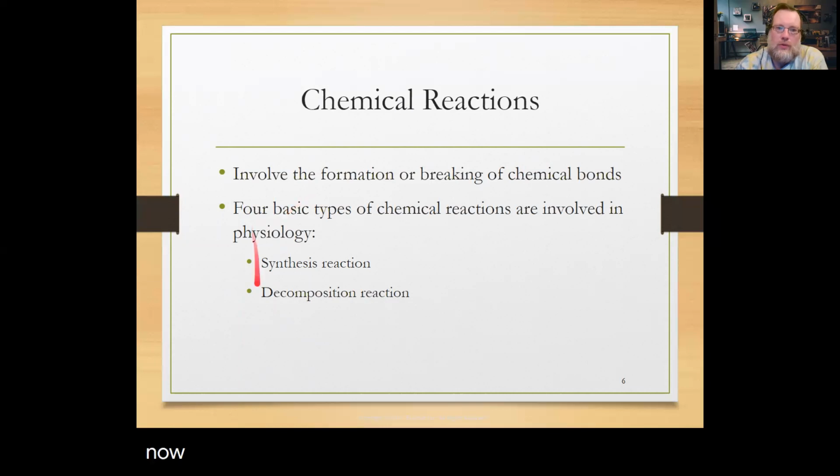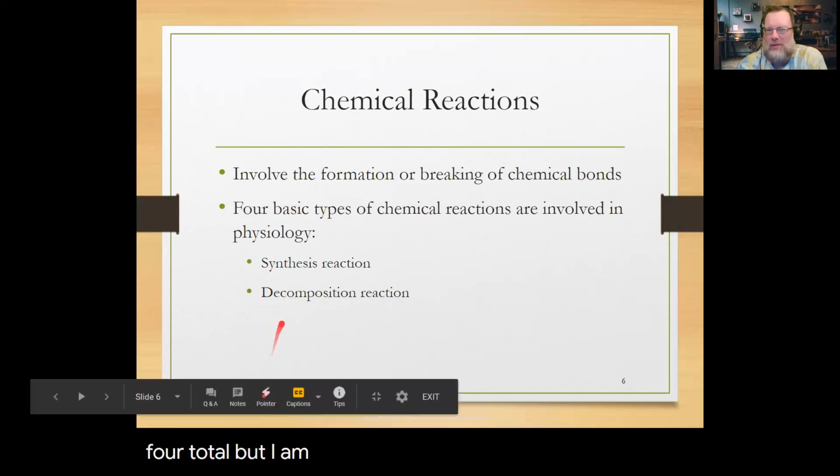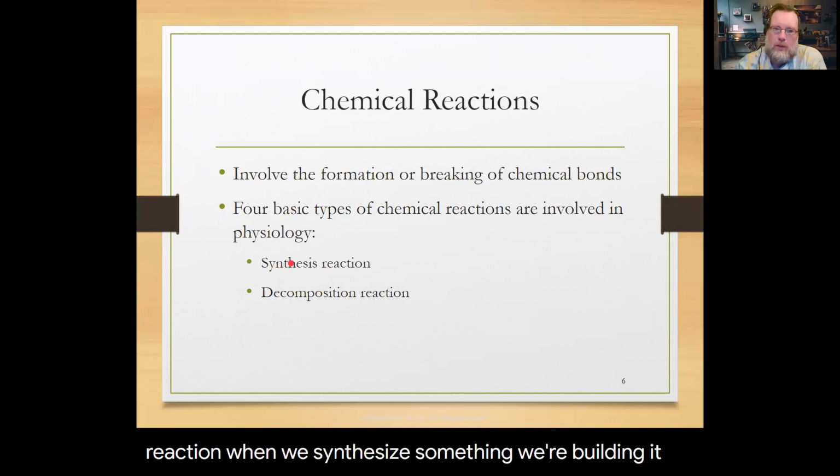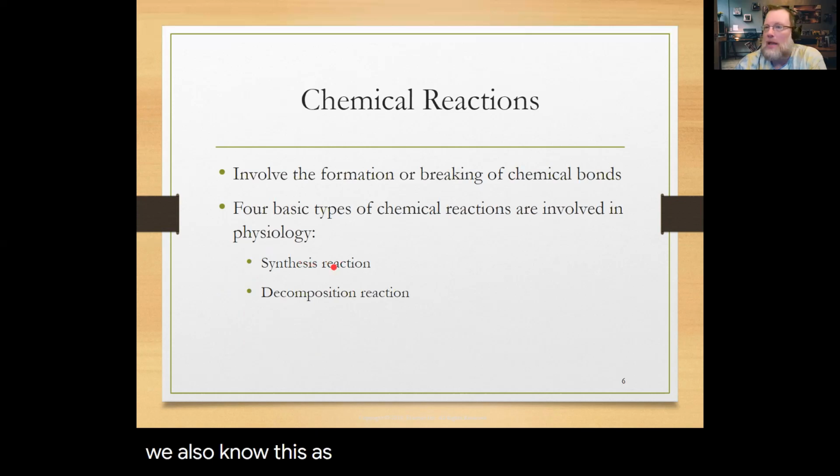Now, there are two major types of chemical reactions. There are four total, but I got rid of the other two so we could just focus on the main two, synthesis reaction and decomposition reaction. When we synthesize something, we're building it. So we also know this as anabolic or an anabolism situation.